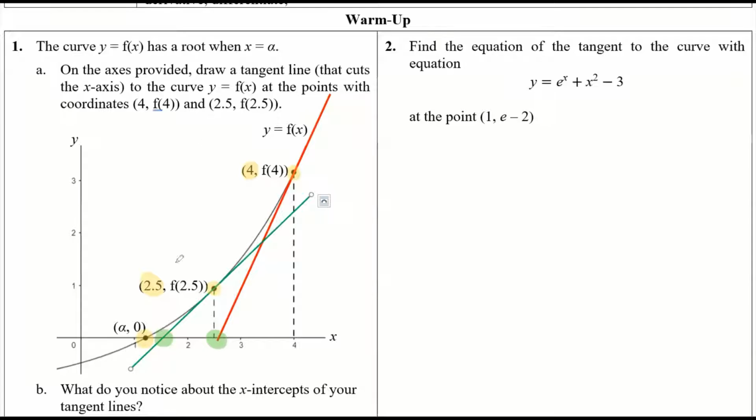If we move further up the curve from x equals alpha up towards 2.5, for example, the tangent line is going to cut close to alpha but not quite, and you can see that by starting at 4 and reducing the value, so sliding down the curve towards 2.5, the x-intercepts just become closer and closer to the alpha that is the root that we're attempting to find.